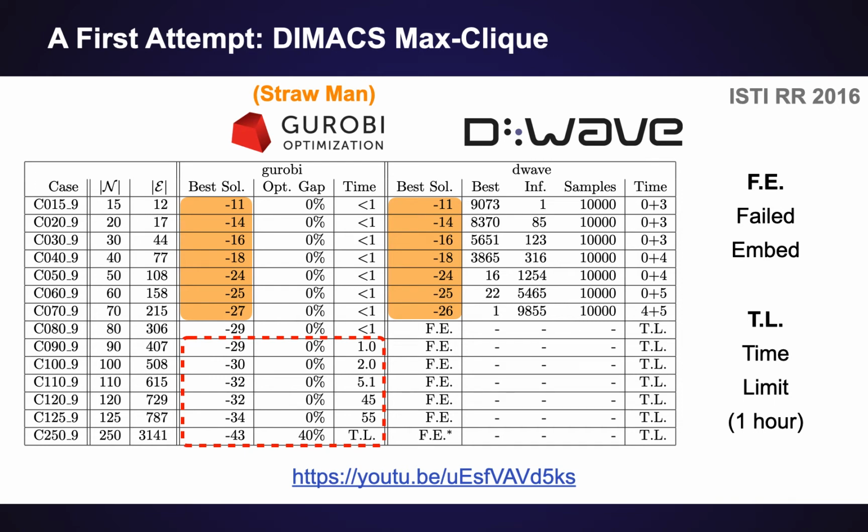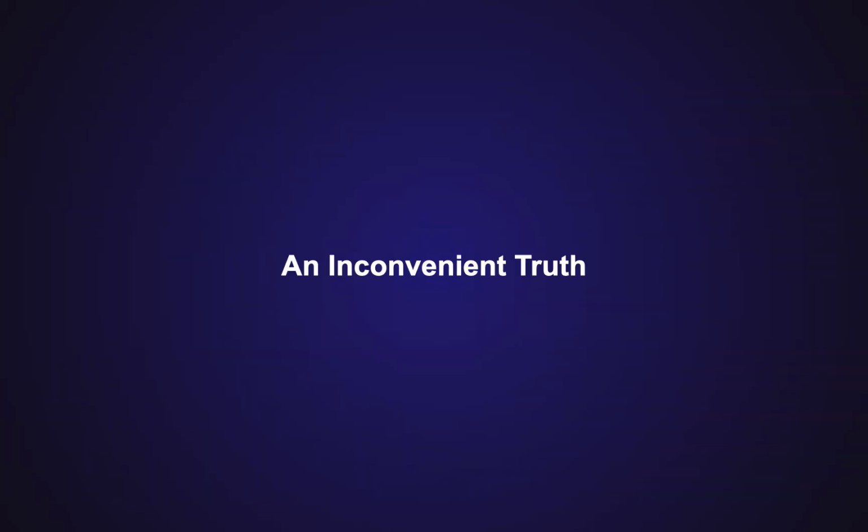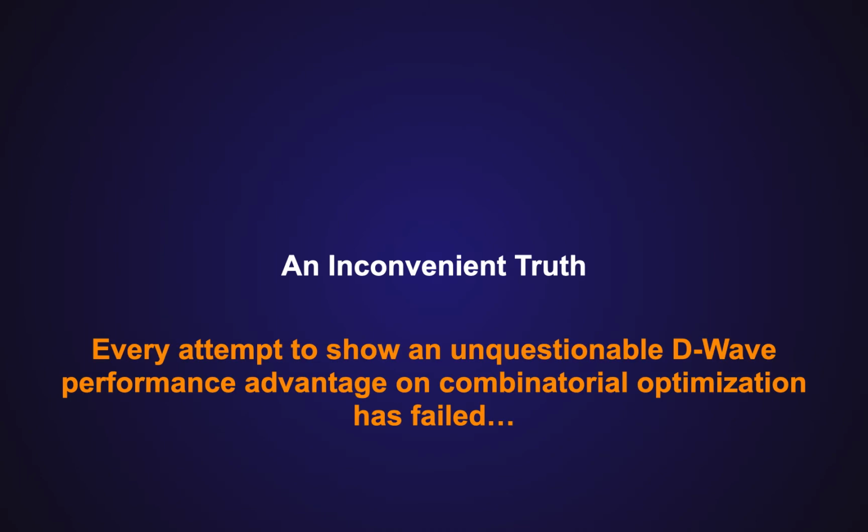But just as the tasks became difficult and very time-consuming, there were challenges in encoding these problems into the D-Wave hardware, and then we weren't able to get any information about how the hardware would perform on more challenging instances. This is not the first time this has happened, and it probably won't be the last, because there's a very inconvenient truth: every attempt to show this type of an unquestionable D-Wave performance advantage on combinatorial optimization has failed.